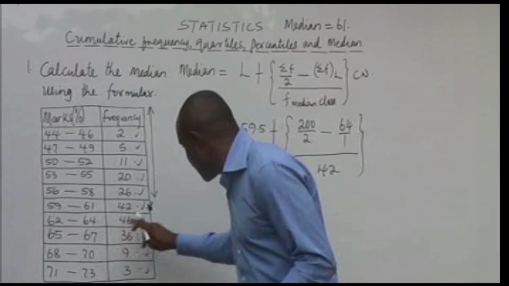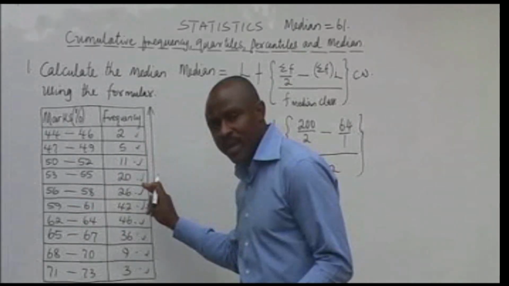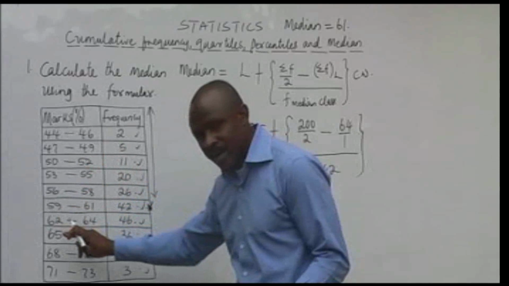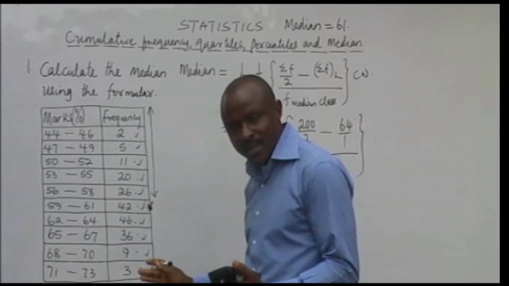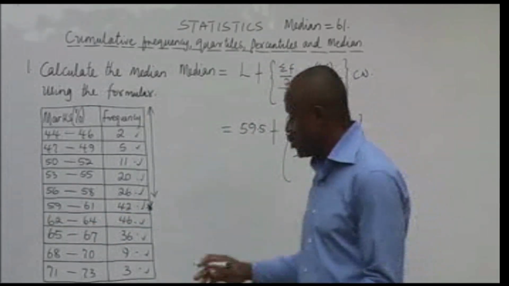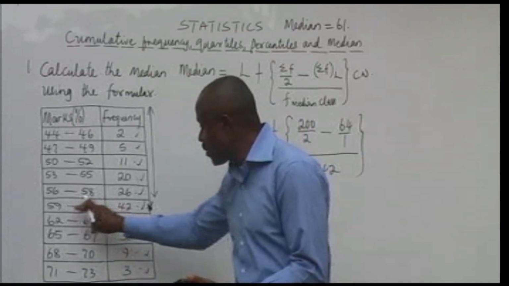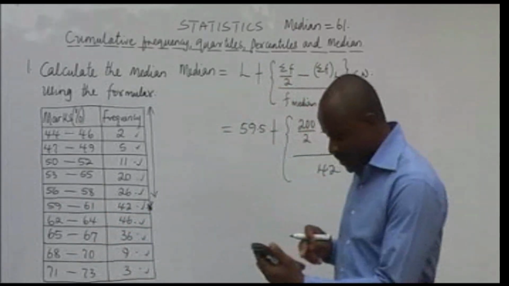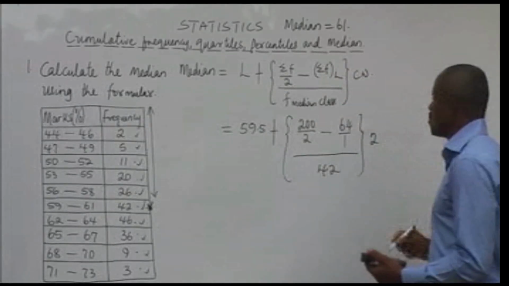Class width is, as we have the median class to be this, the upper boundary minus the lower boundary, or the upper class number minus the lower class number, whichever way you go about it. So what is given us here is 61, which is the upper, minus 59, which will give you 2. So what you have here now is 2.